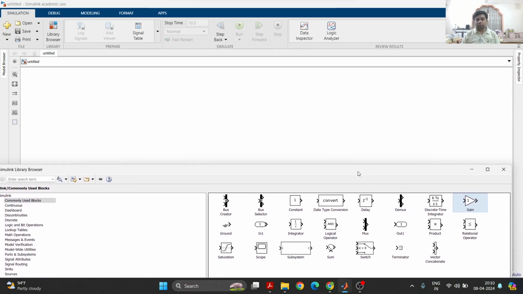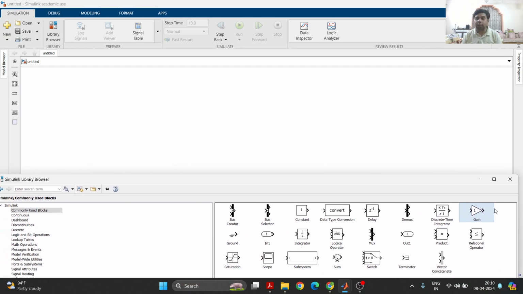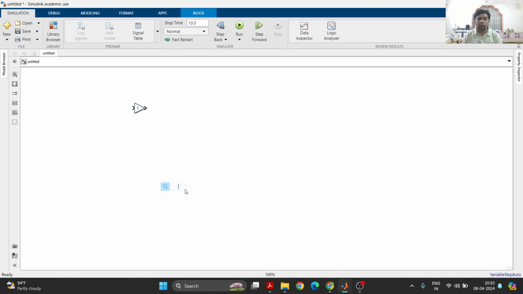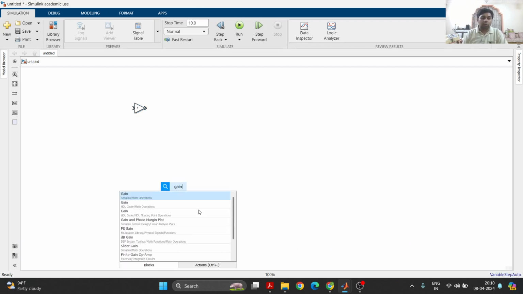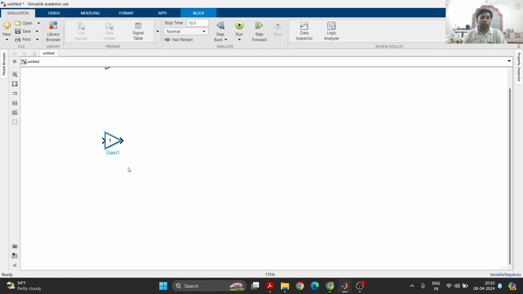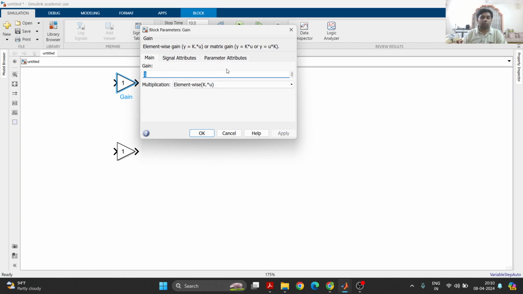So our differential equation was that x double dot is minus c by m x dot and minus k by m x.